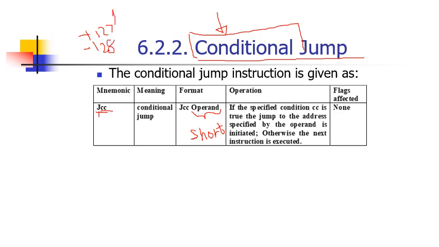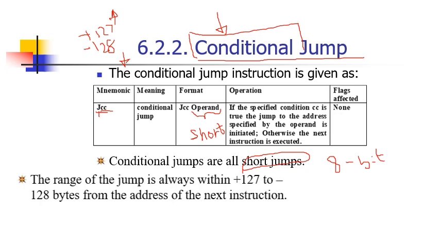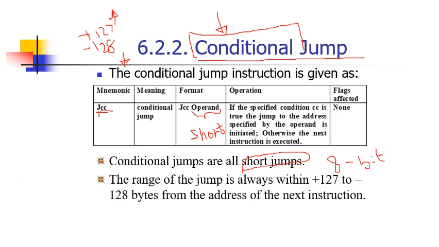You don't go further, okay? You don't go beyond this limit. Good. So they are all short jumps. So operands are always 8 bits, 8-bit operands.